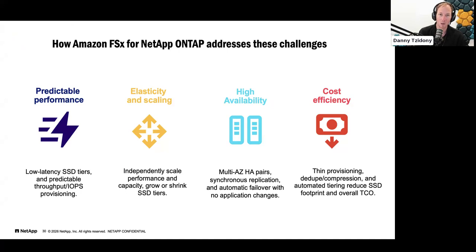And speaking of AWS, you get the elasticity and scaling that matches the rest of your technological stack, meaning you can independently scale. You can scale performance and capacity, and grow and shrink your SSD tiers, and specifically those are decoupled from each other. So if you find the pain point or the bottleneck, you know exactly where you need to apply pressure and add more resources.